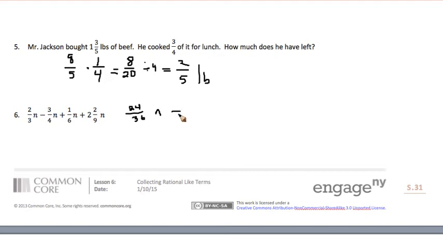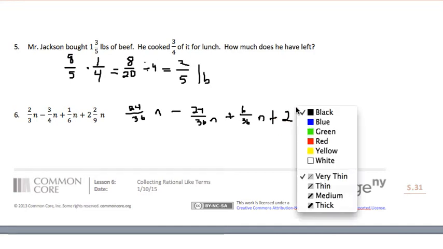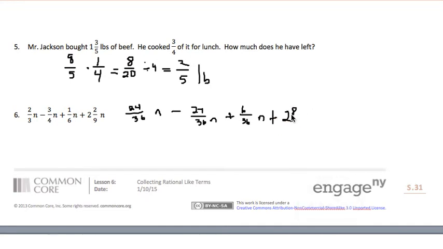minus 27/36n plus 6/36n plus 2 8/9 n. No, 8/36, sorry.